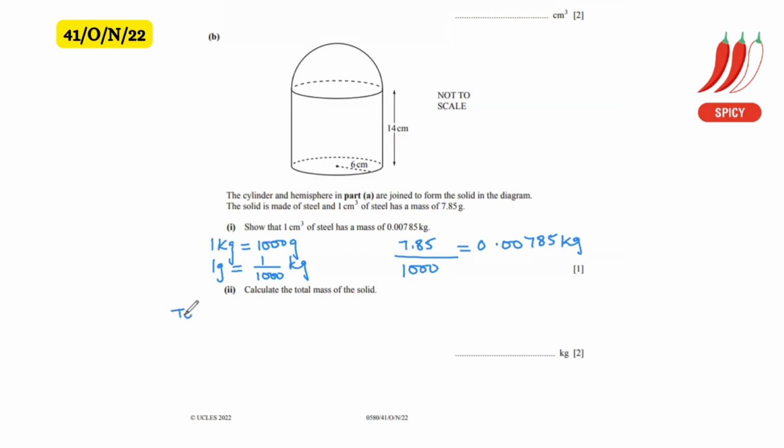So total volume would be volume of the cylinder, which was found to be 1583.36, plus, now it's half of a sphere, so that's a hemisphere, which means we divide 904.77 by 2, and that's going to give us 2035.745 centimeter cube.